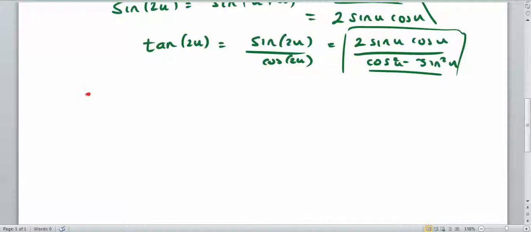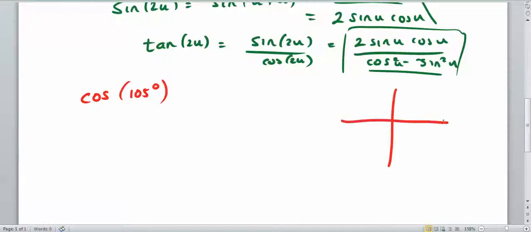Well, obviously we know the exact values for a number of things. 105 degrees. Now, first of all, let's draw that on the unit circle. So this is pi on 2 or 90 degrees, and then therefore we've got 15 degrees there. Now, as I've told you, CAST. We know that only sine is positive in this quadrant.